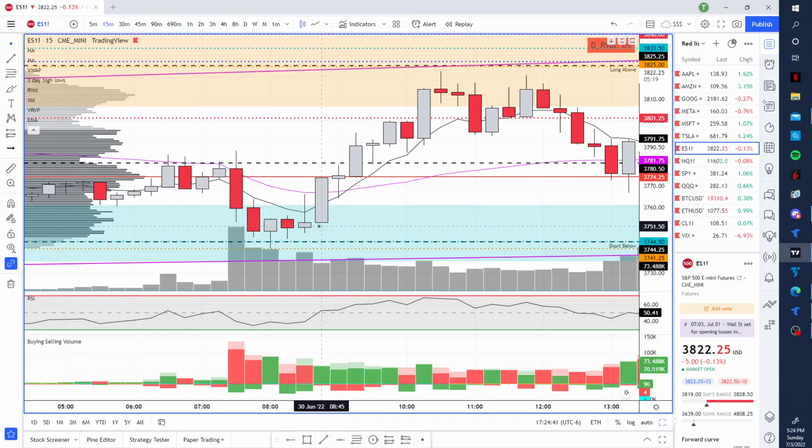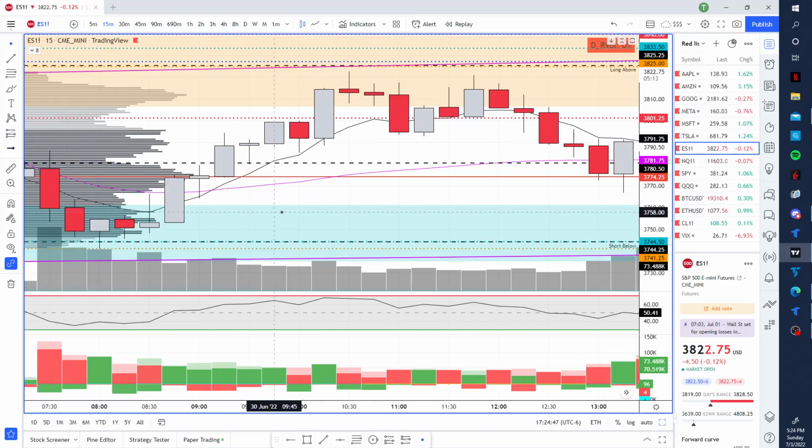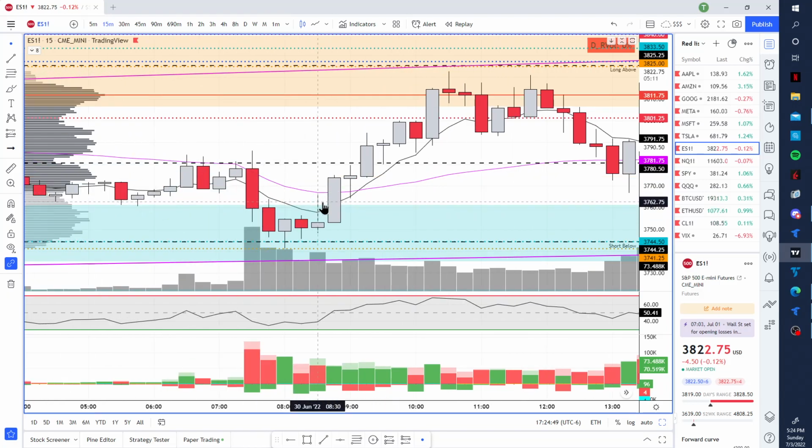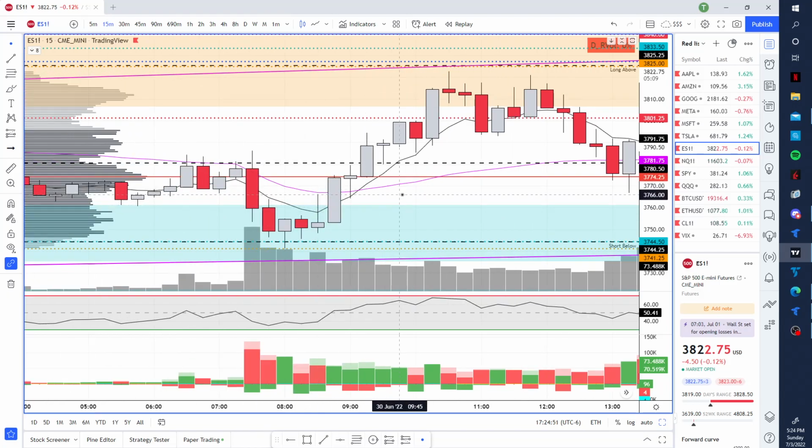But wouldn't that even show on the tape here? The volume's really high, so wouldn't that show the sellers are in control on this wick? What you would probably see is a bunch of bid over ask. Bid over ask should always mean price goes down, but as an anomaly, you'll have bid over ask, and that's usually a sign of profit taking.